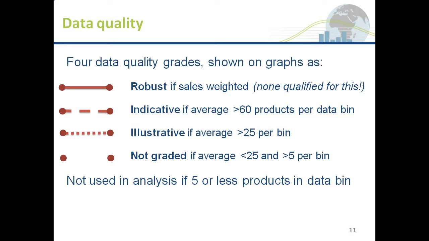And finally, if there were between 5 and 25 products on average in each data bin to generate each point on the graph for that country, we didn't give it a formal grading, but we have left the points on the graph just for reference purposes. And basically, if there were 5 or fewer products for any given year for each product, then we did not consider that as part of the analysis. It's simply not robust enough to merit inclusion in the analysis.